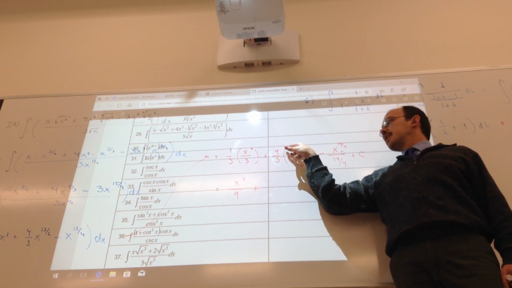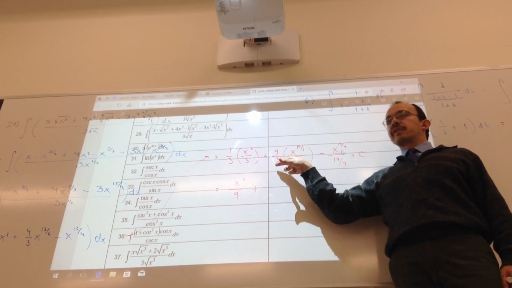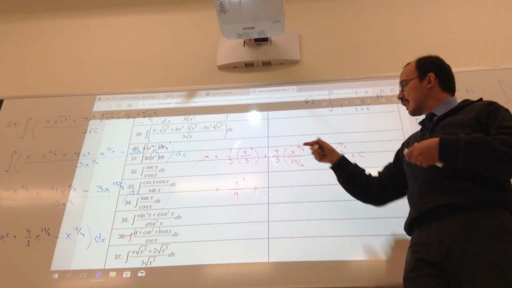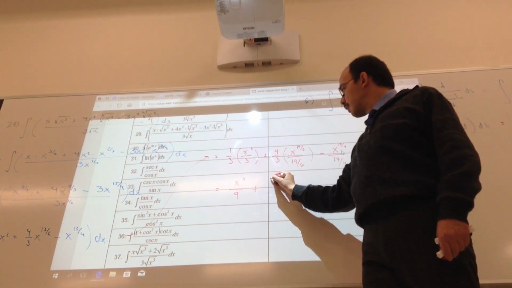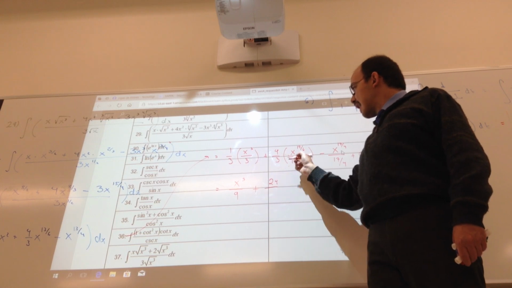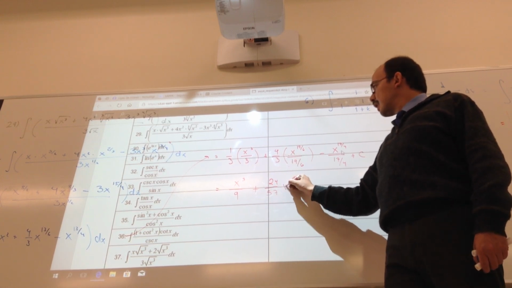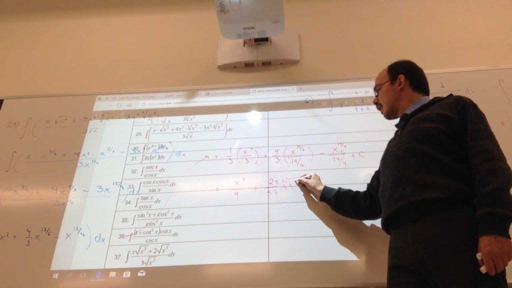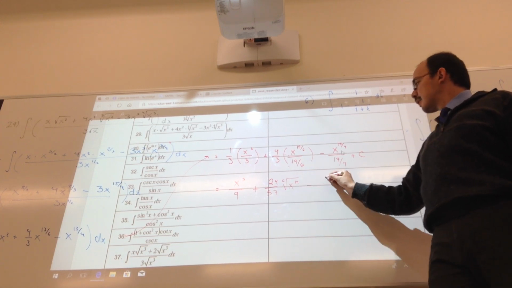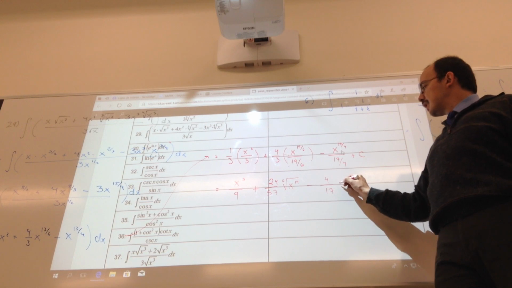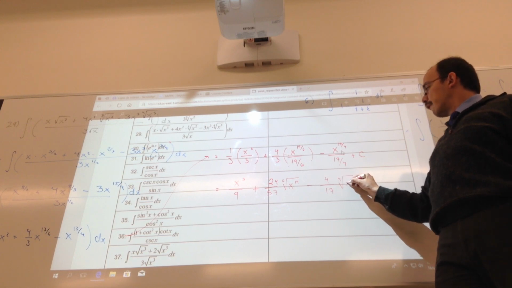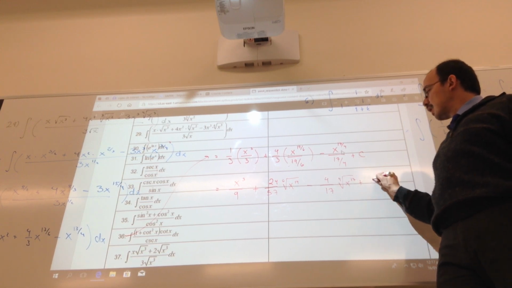So it will be 6 over 19 times 4 over 3. 6 times 4 is 24, 19 times 3 is 57. Sixth root of x to the 19, minus 4 over 17, fourth root of x to the 17, plus c.